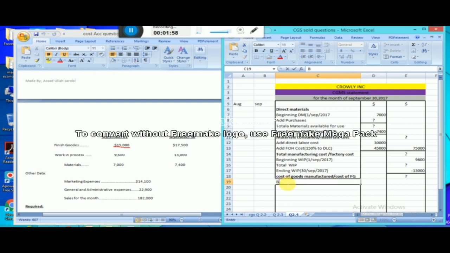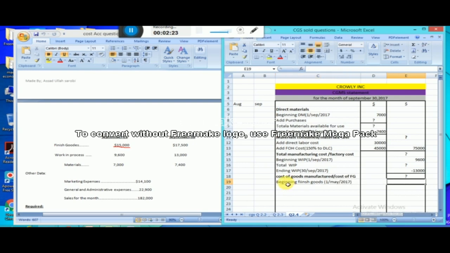They will become the beginning or opening finished goods. Beginning finished goods means on 1st of May 2017.